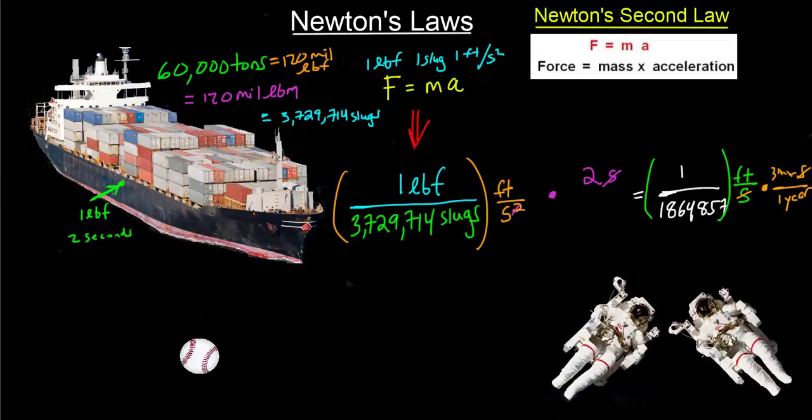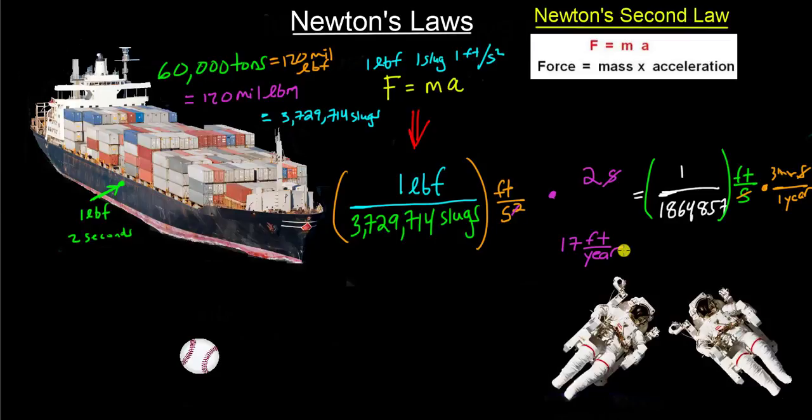I'll work this out. Multiply these two in, or divide this big number by this number, and you get 17 feet per year. Okay, so there we go.